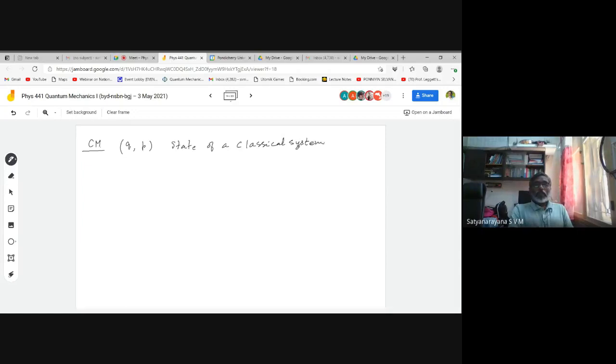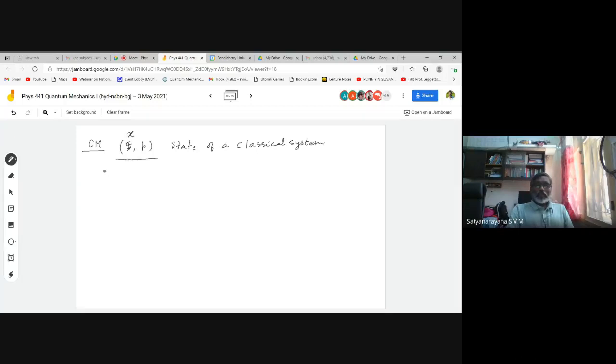We make a jump from a classical system to a quantum system, but we would like to treat those cases which we know classically. So classical correspondence is very important. In quantum mechanics also we have similar variables Q and P, which we call X and P.